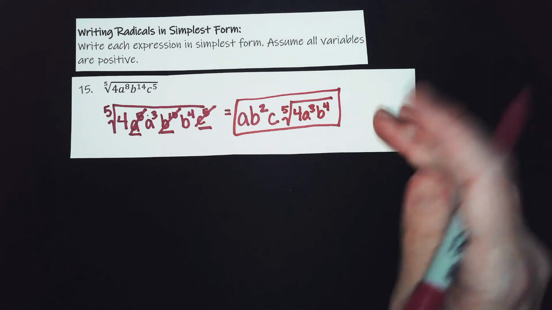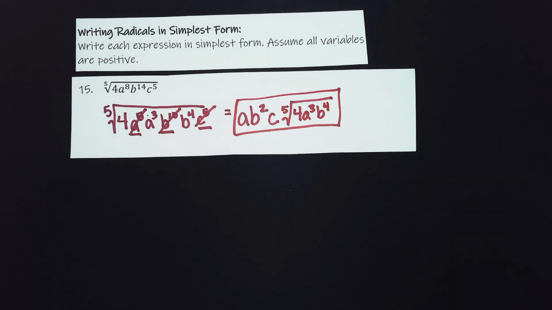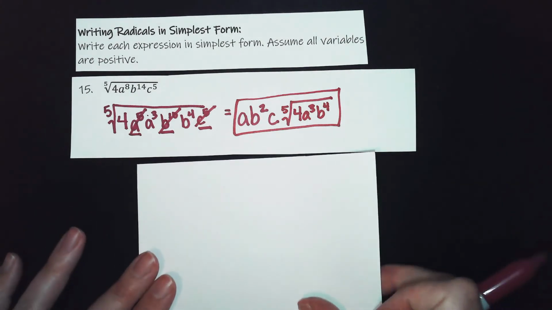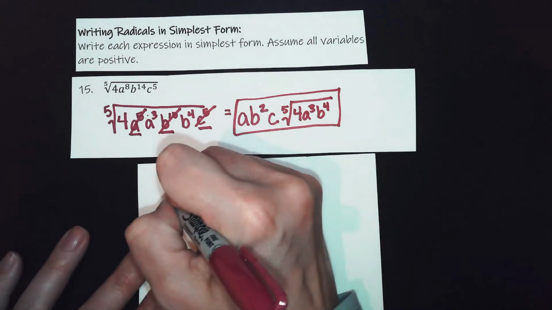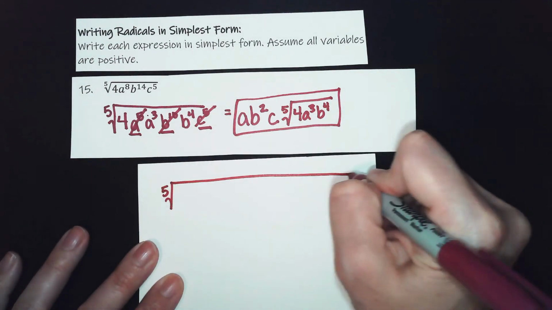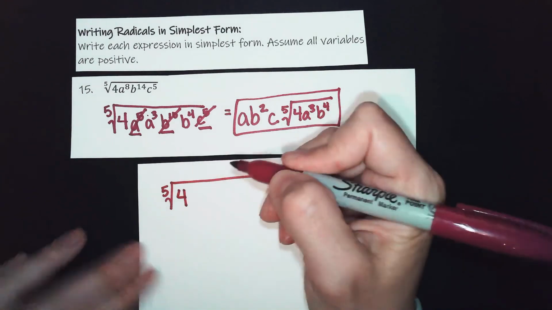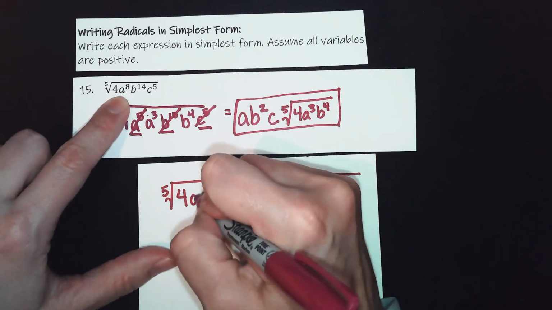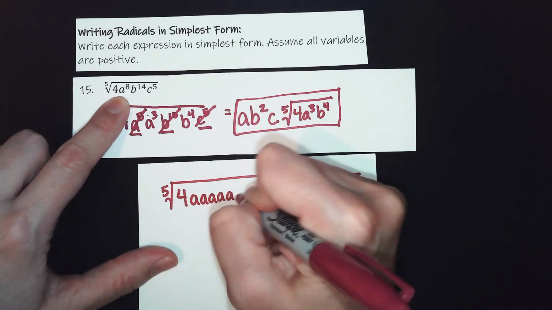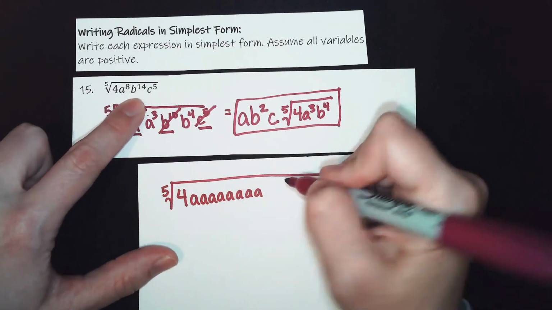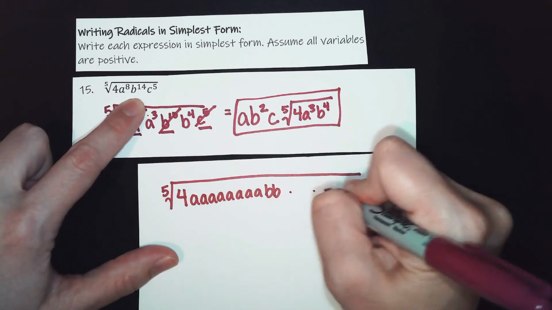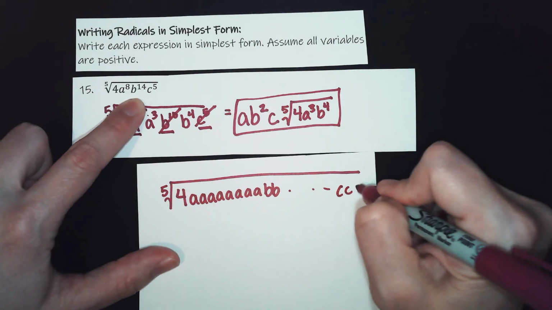And again, this is one of them that you could have really done a lot of writing here. We say we have a 4. Then we had 8 a's. Then we had 14 b's. Okay, I'm not going to write them all out, but lots of b's and 5 c's.